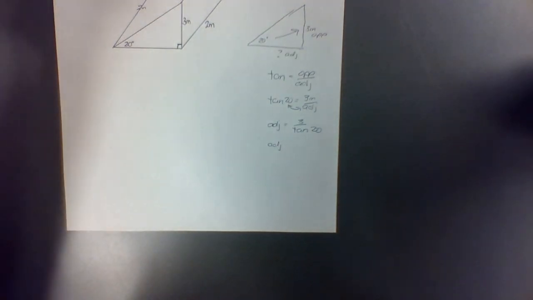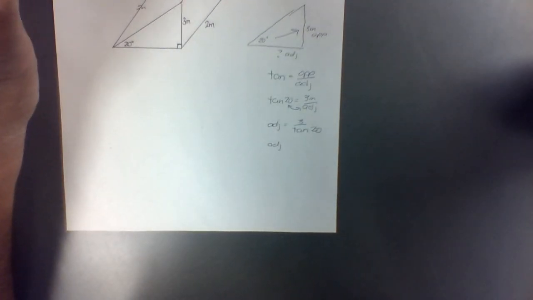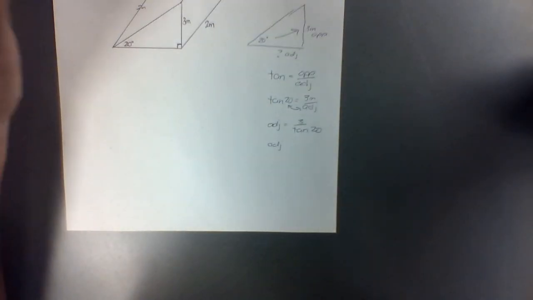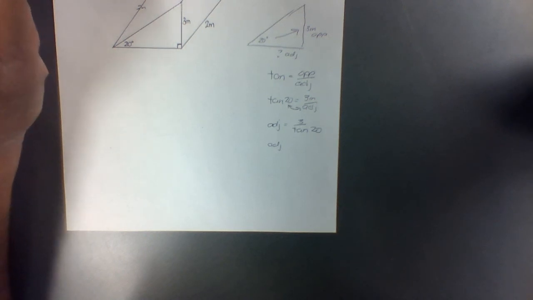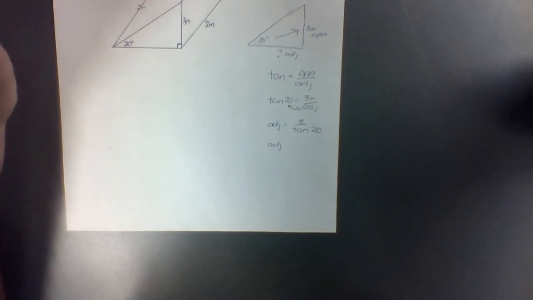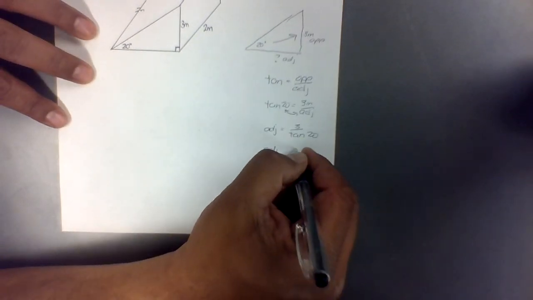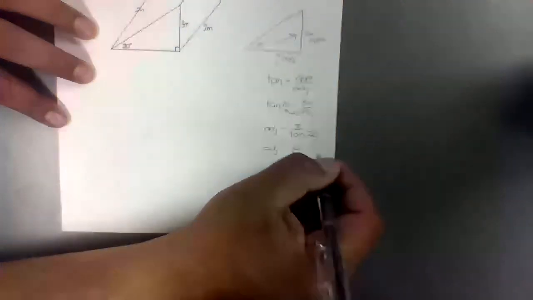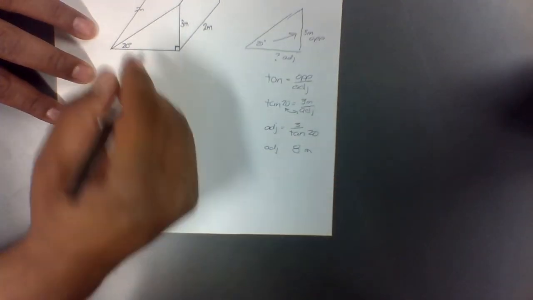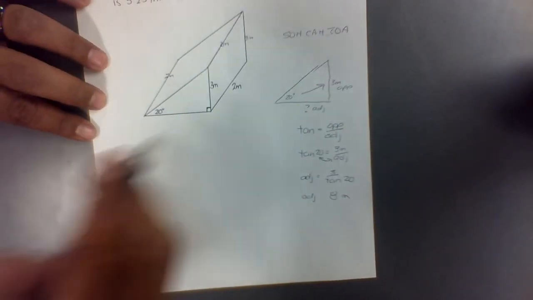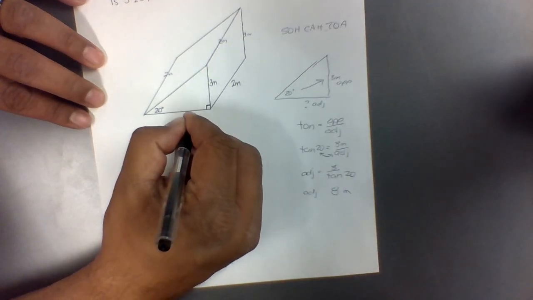Now I got to turn mine on because it keeps shutting off. It's on my phone. So we type in 3 divided by the tan of 20, which is going to give me 8 meters. So we know, going back to this triangle now, that this is 8 meters.